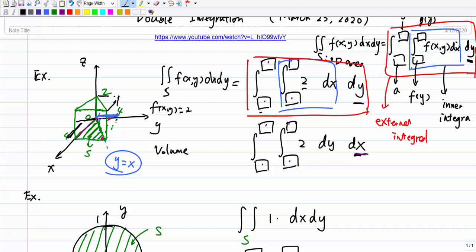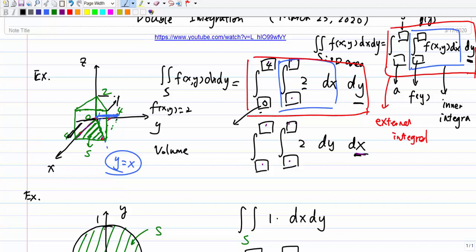So you must start from 0, and the maximum you can pick for y is 4, because beyond 4 it's not defined, it doesn't belong to this area. So y goes from 0 to 4, as we can see.